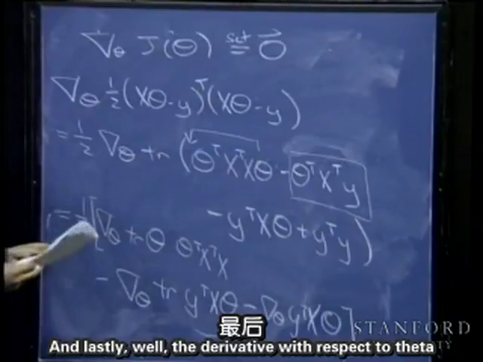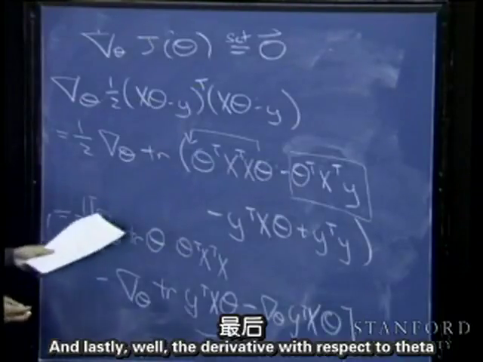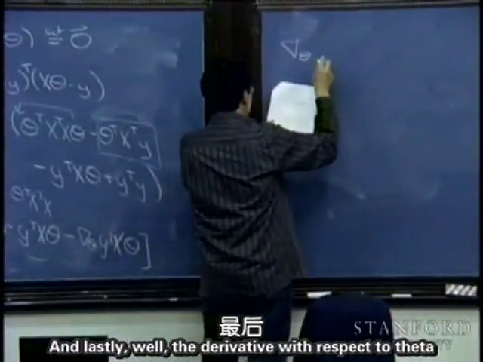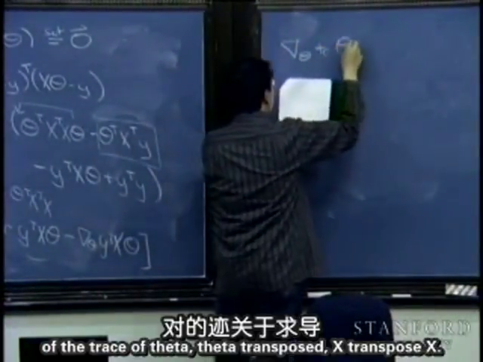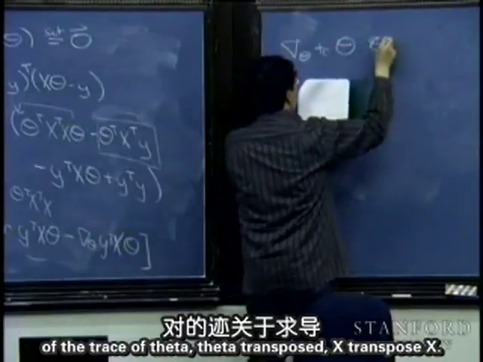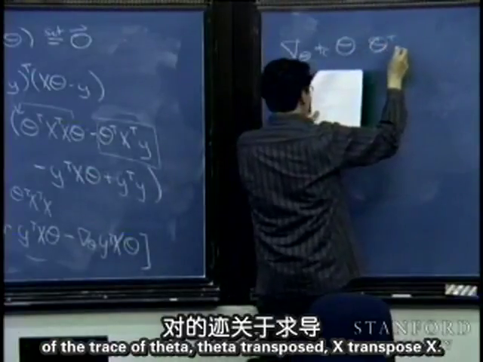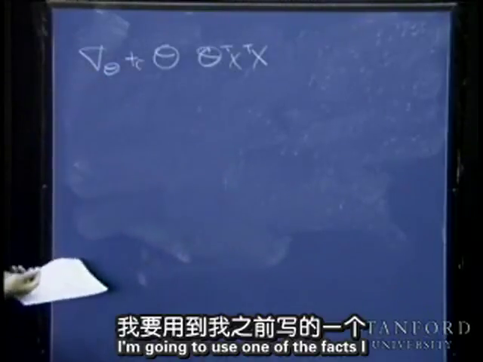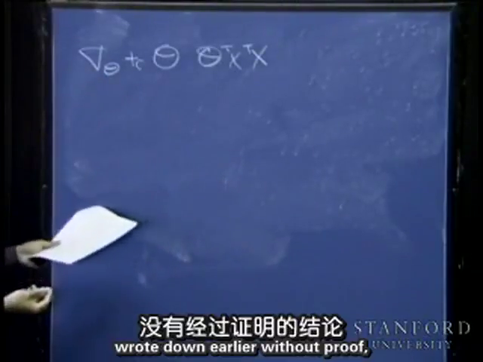And lastly, well, the derivative with respect to theta of the trace of theta transpose x transpose x. I'm going to use one of the facts that I wrote down earlier without proof, right?